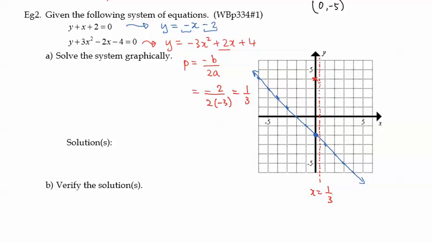But still, we want points to draw this parabola. You can find the y-coordinate of the parabola by substituting the x-coordinate into your equation. Once you substitute the x-coordinate, you will be able to find the y-coordinate of your vertex.